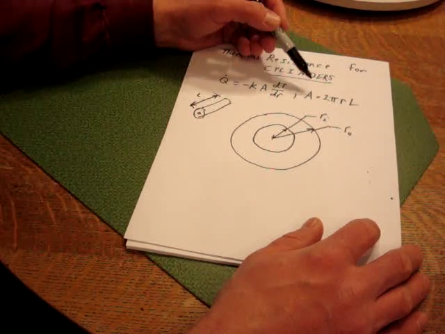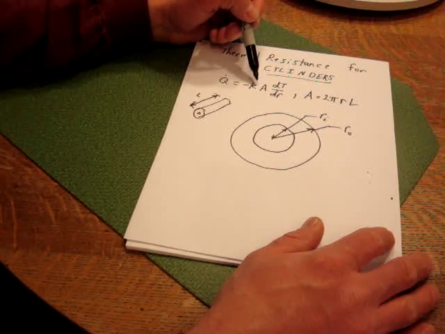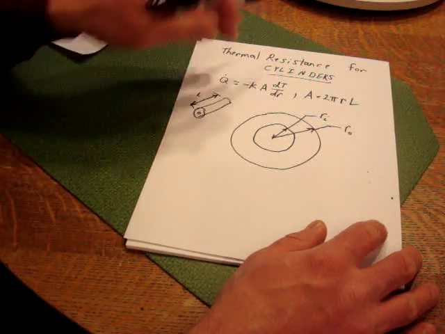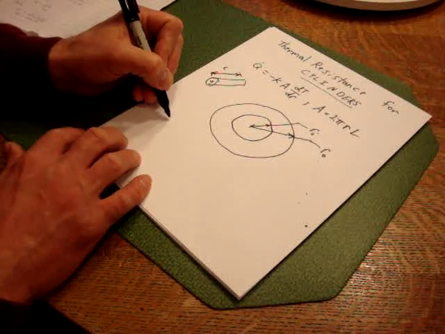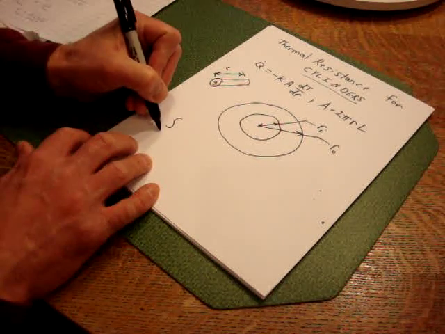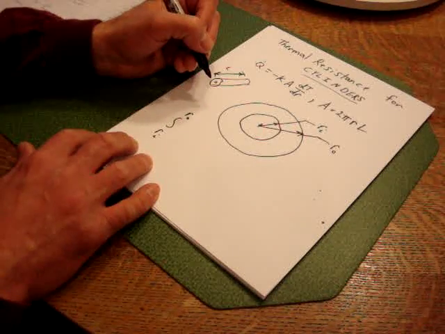Now if we substitute the area into this equation, separate terms and integrate, we'll get this. What we want to do is integrate from r on the inside to r on the outside of the pipe.